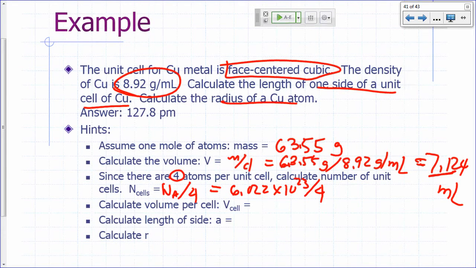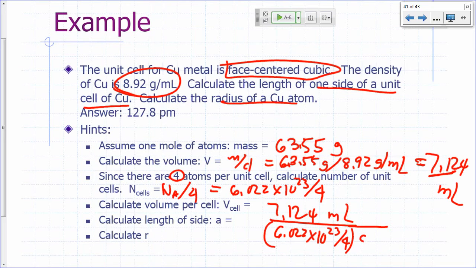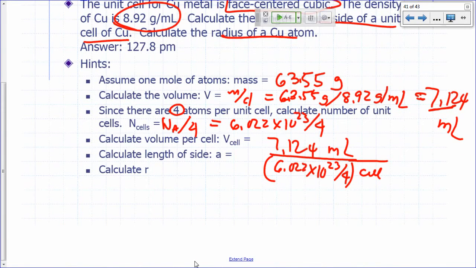That gives you the volume per cell. So what's the total volume? 7.124 milliliters divided by the number of unit cells, which is 6.022 times 10 to the 23rd over 4 cells, right? So that's the volume of each unit cell. What would that be?